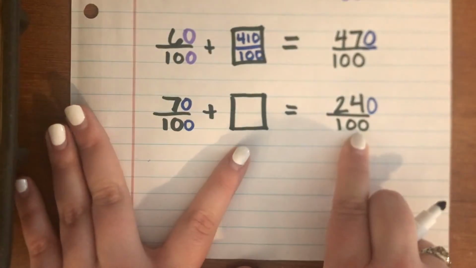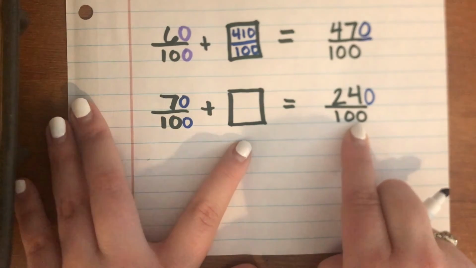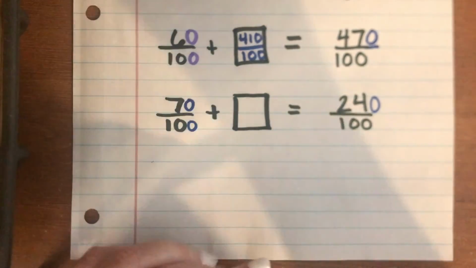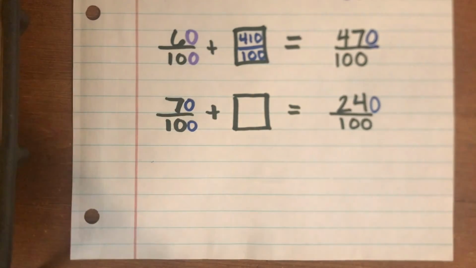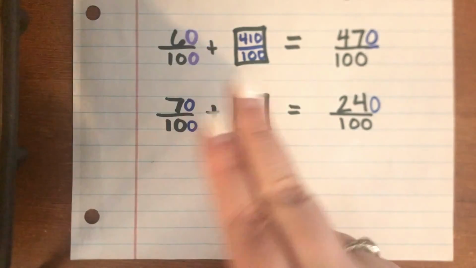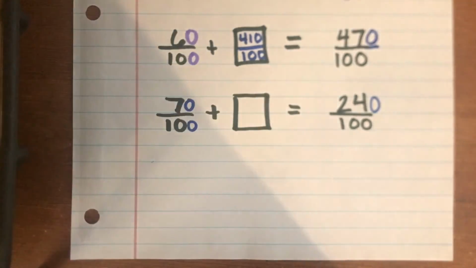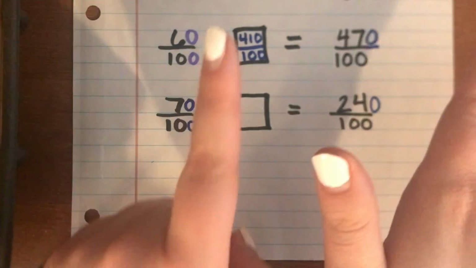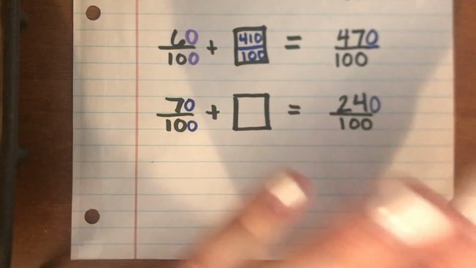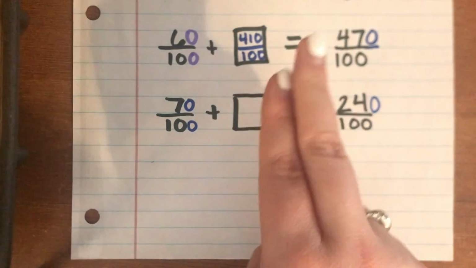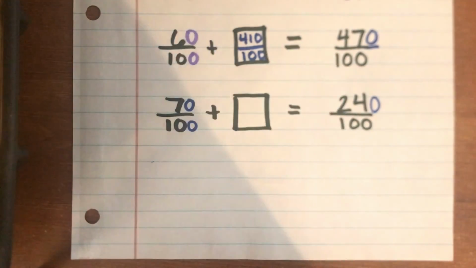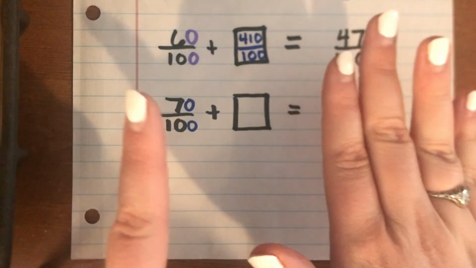Well, I can count up by tens. Let's see, 70 plus what will get me to 240? Let's count by tens. It's the other strategy we could do. 70, 80, 90, 100, 110, 120, 130, 140, 150, 160, 170, 180, 190, 200, 210, 220, 230, 240.